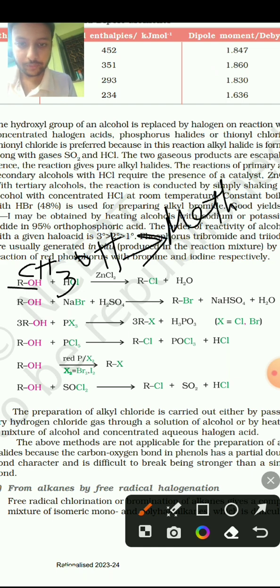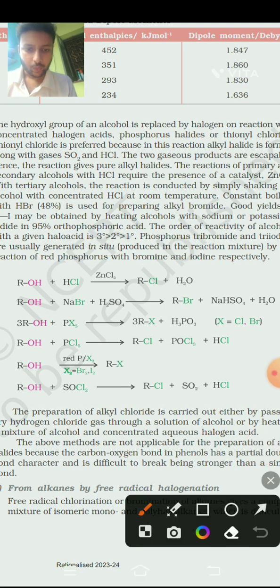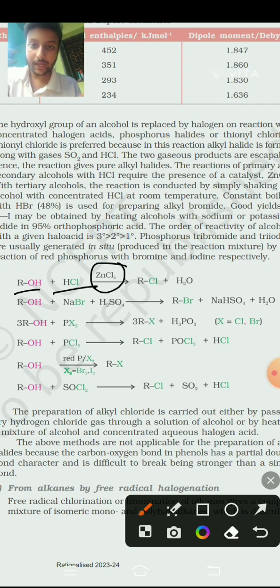Meth for the presence of one carbon, as in methane, and OL for the presence of OH. Okay, so what will happen if you mix HCl, hydrochloric acid, in the presence of ZnCl2 as a reagent?